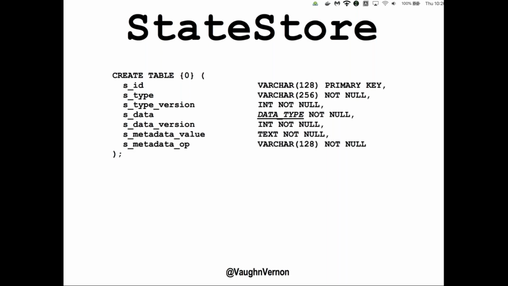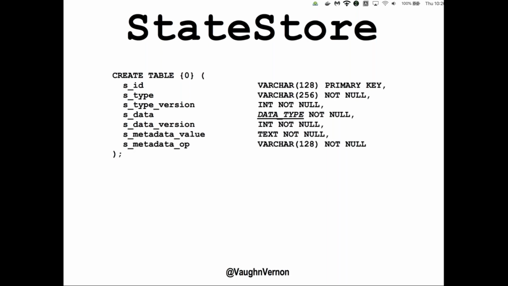This table name would typically be called, for example, vlingo StateStore, and then some type, as in products table. The identity is a varchar of 128, so you can have up to 128 character keys.